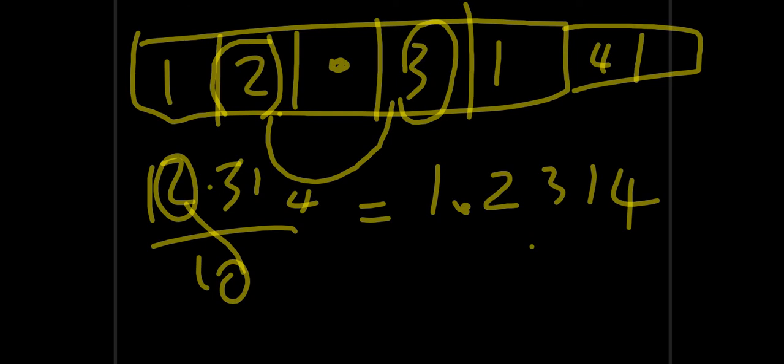And let us look at another one, because that's all there is to it. Let's say I have 312.314, any random numbers. If you were to divide this by 100, what is going to happen is that we have 2 zeros.